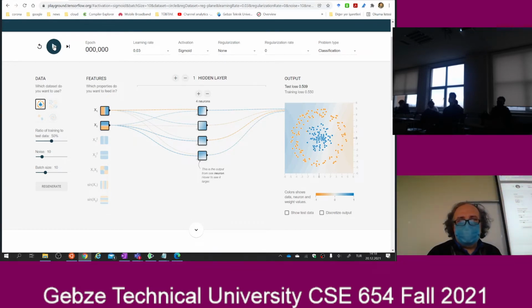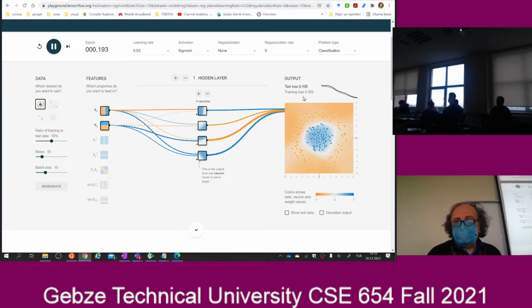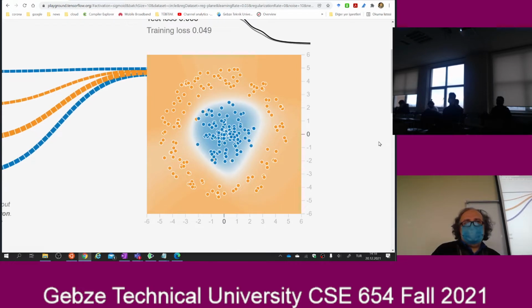I can do better than that, and I am asking Google Playground to optimize it for me. As you see, loss is getting smaller and smaller. It looks like my loss is very small now, right? So it found this boundary for me. Previously, I couldn't find this boundary because all I could do was a single line. A single line is not going to do for this case.